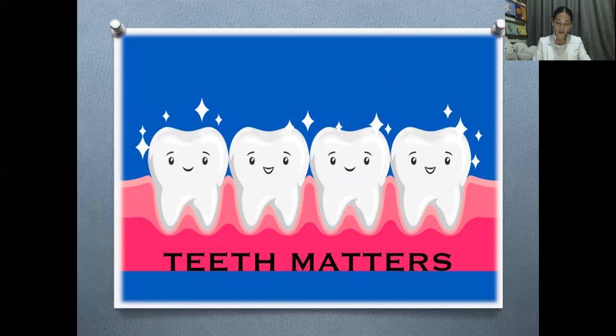Not only do our teeth help us chew and digest food, they also play an important role in speech and impact our health overall. It simply affects our quality of life. By learning about basic dental health, you'll be taking the first step towards giving your teeth the attention they deserve. Remember, teeth also matter.